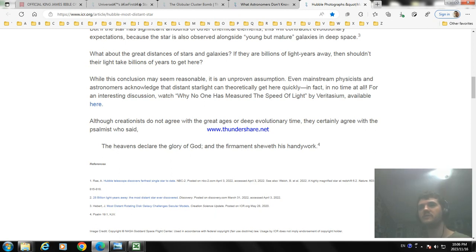Although creationists do not agree with the great ages of deep evolutionary time, I certainly agree with the psalmist who said, "The heavens declare the glory of God, and the firmament sheweth his handiwork."